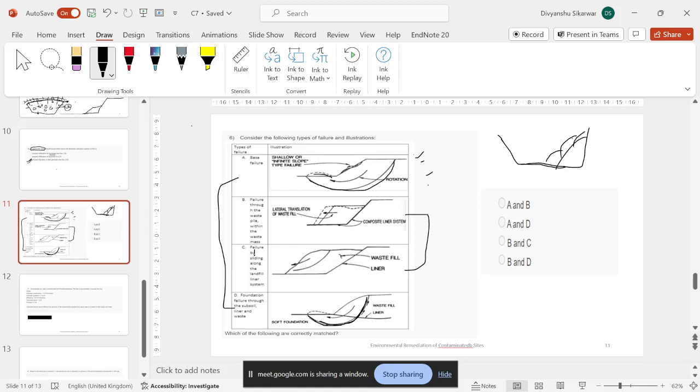Just try to read this and then see where the failure is shown. Yeah, the failure is not shown along the liner. Based on that, which option do you think will be correct?